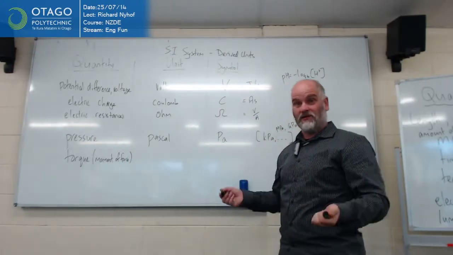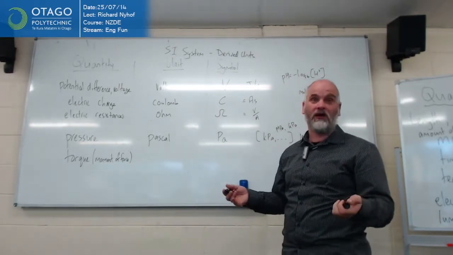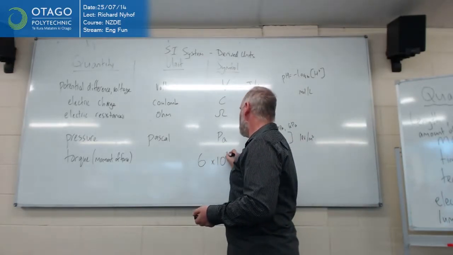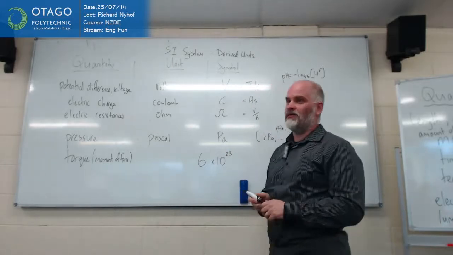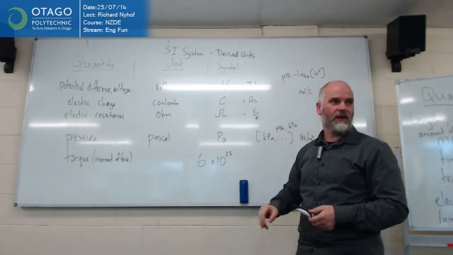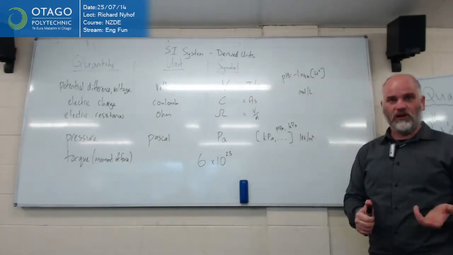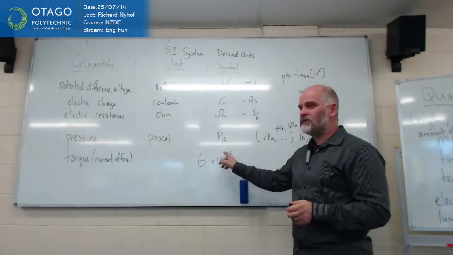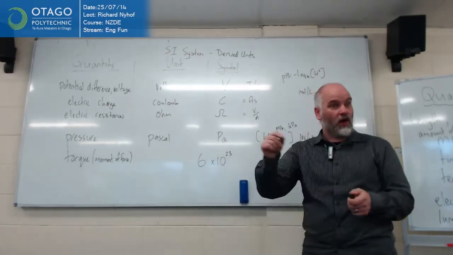Okay. Because we're going to be engineers, we've got a way of writing that. All you do is you write 6 times 10 to the 23. That's what that means. That means 6 with 23 zeros. Really important that we can write these big numbers without having to write lots of zeros.